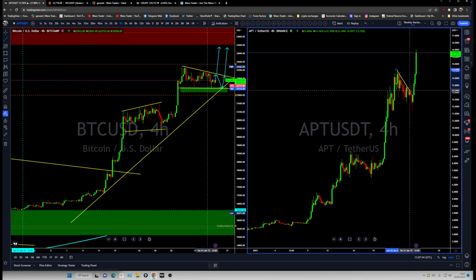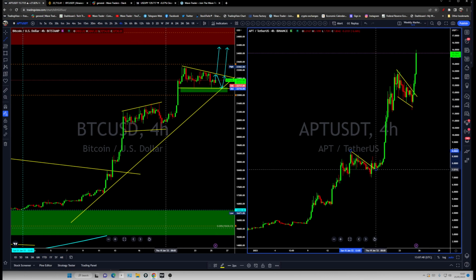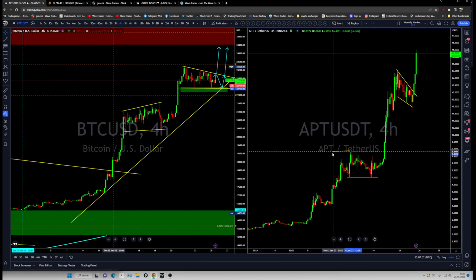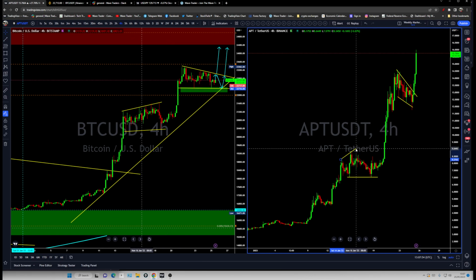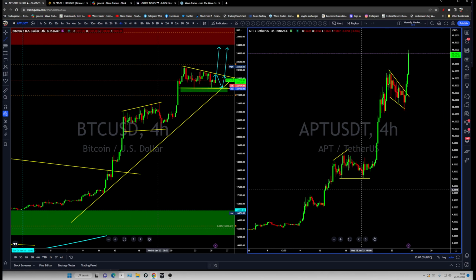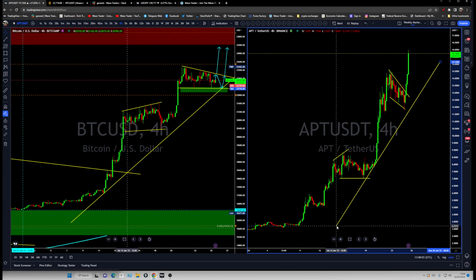We have seen a triangle there, similar to what is running on Bitcoin right now. We have seen a nice breakout for upside on APT Tether.